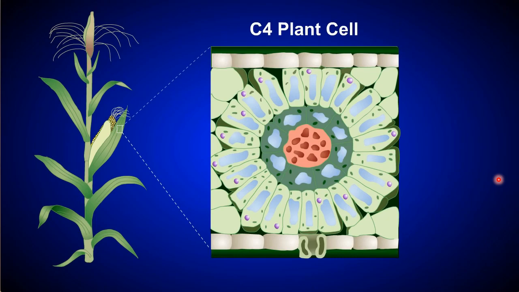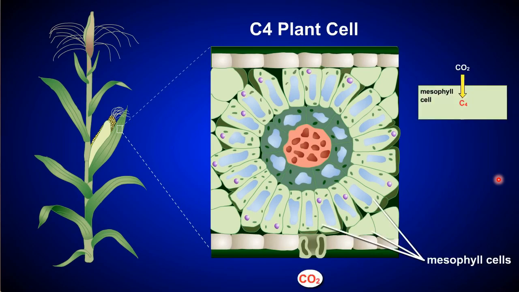These plants carry out C4 photosynthesis instead of C3 photosynthesis. During C4 photosynthesis, CO2 moves into the mesophyll cell and is immediately fixed into a 4-carbon molecule, thus the name C4 photosynthesis. But the anatomy of a C4 plant is different from that of a C3 plant. A somewhat simplified version of this process is shown here.